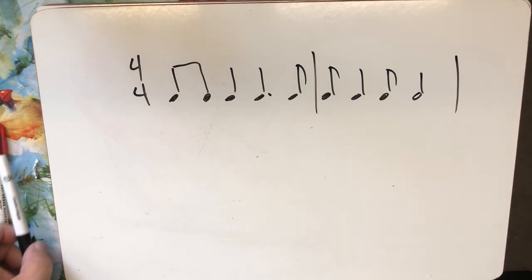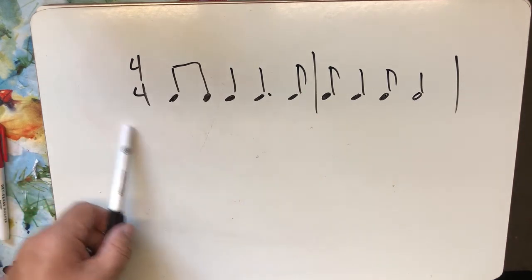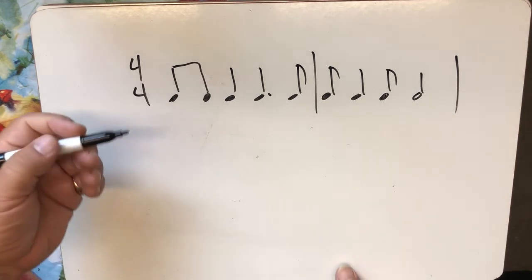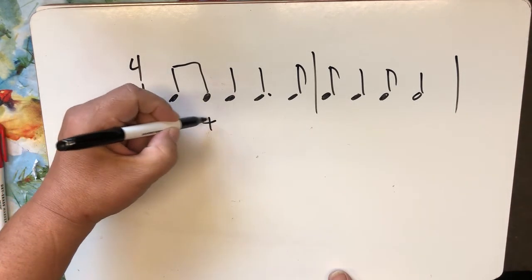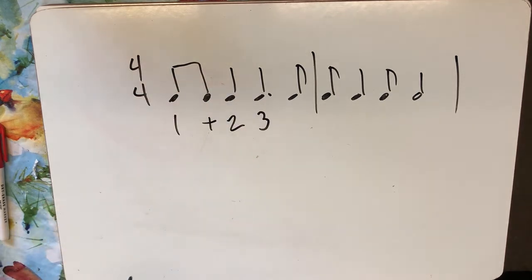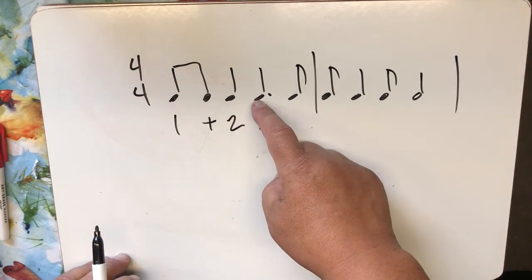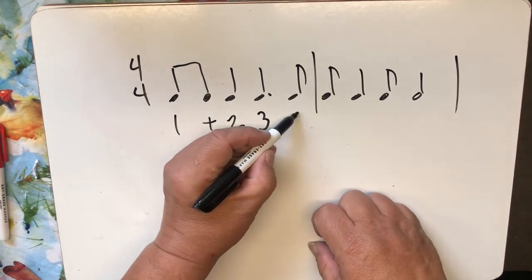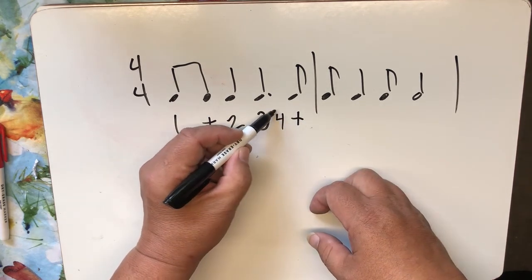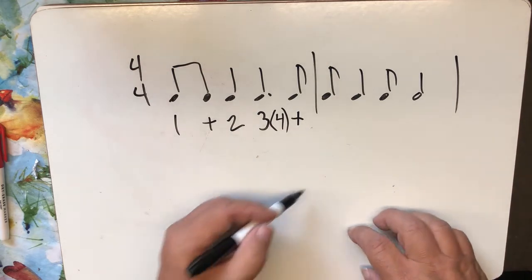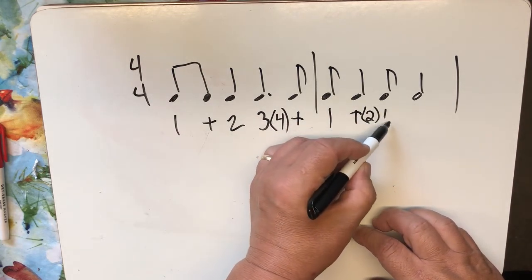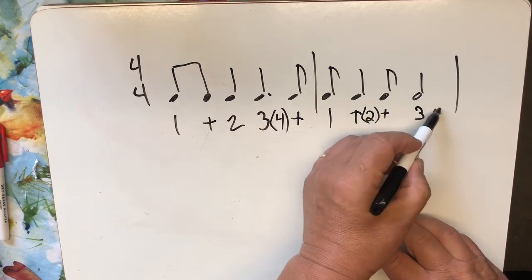So first thing you do, and you won't be able to choose this, you'll be able to type it in as an essay question, but I do it on scratch paper. 1 and 2, 3. Remember, this is worth 3 and 4. This is the last and in the measure right there before we start over, so the 4 is in there like that. 1 and this goes over, 2 and 3, 4.